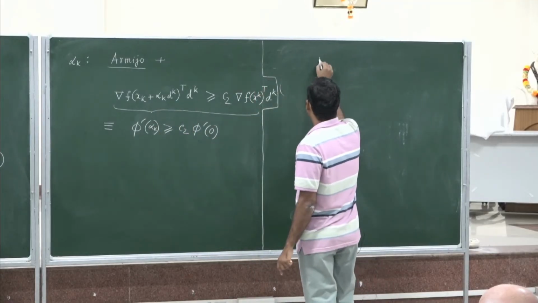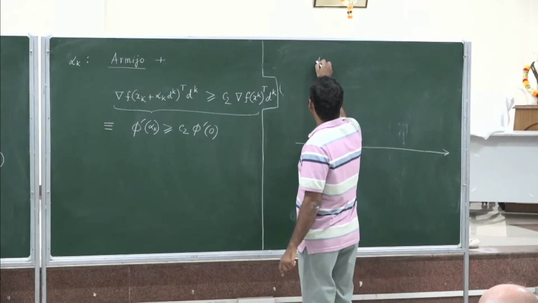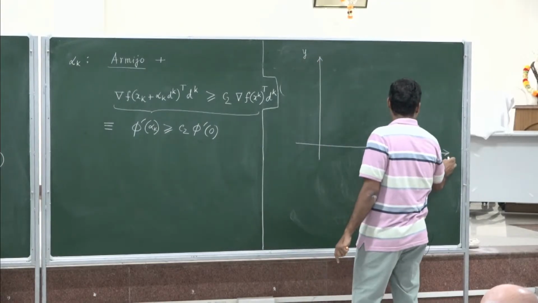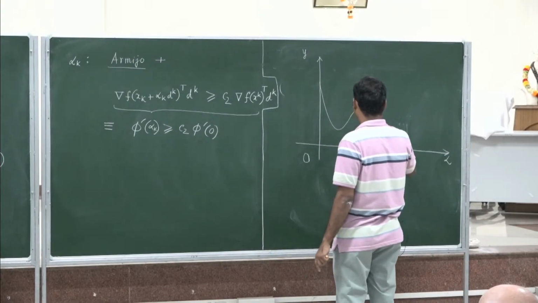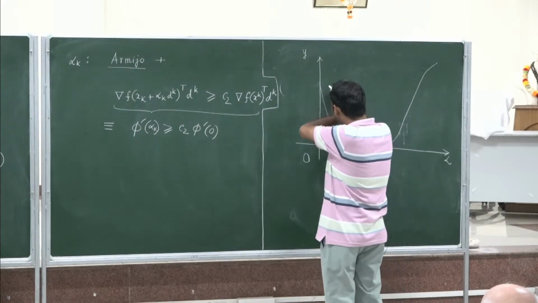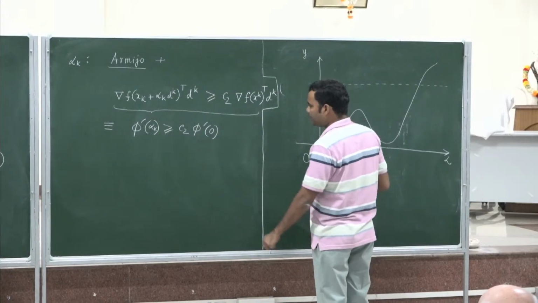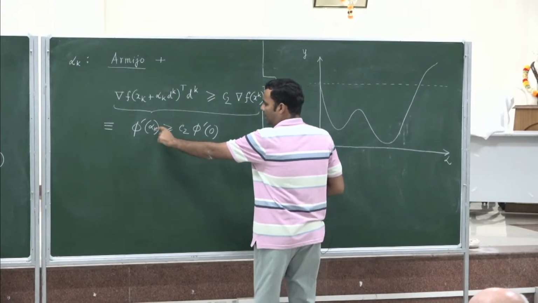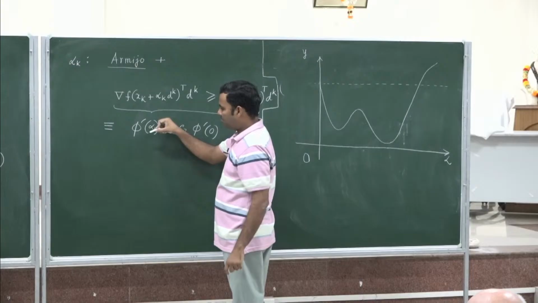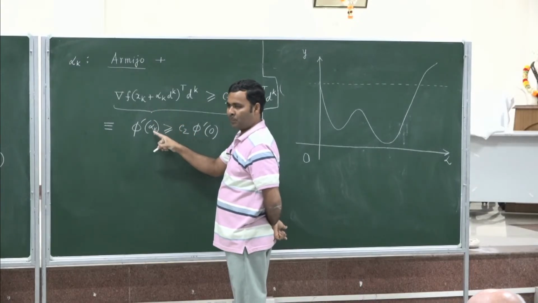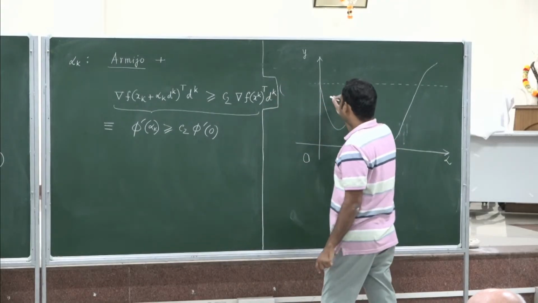Okay, so let us now try to understand what this inequality says. The alpha k should be such a value that the slope of the tangent on the graph at that alpha k should be at least C2 times phi dash 0.